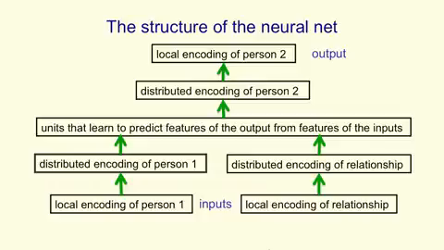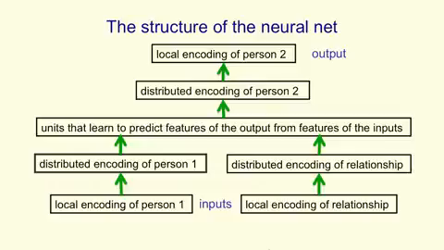And then for a relationship that has a unique answer, we would like one of the 24 output people at the top to turn on to represent the answer. By using a representation in which exactly one of the neurons is on, we don't accidentally give the network any similarities between people. All pairs of people are equally dissimilar. So we're not cheating by giving the network information about who's like who. The people, as far as the network is concerned, are uninterpreted symbols.